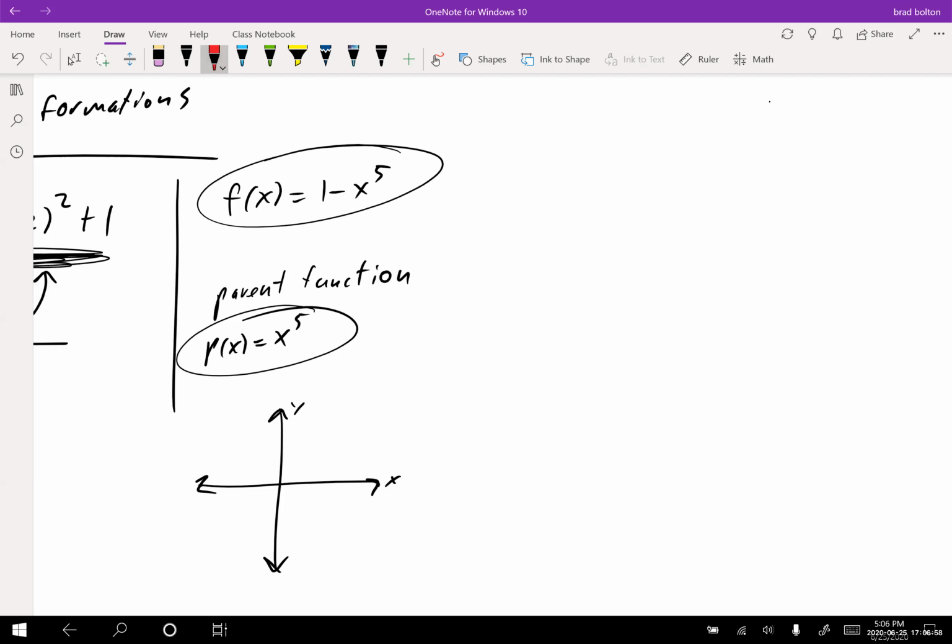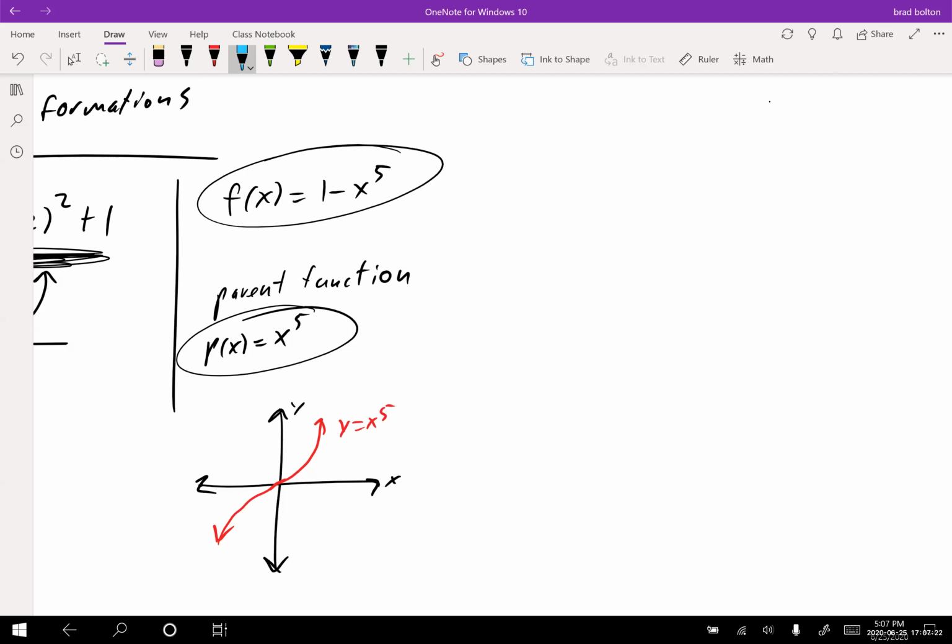And from here, I'm going to graph the basic x to the 5th. Okay, so the basic x to the 5th function, if we put this in our calculator, looks something like a cubic. It's just a little bit steeper, okay? I didn't draw it perfect, but that's basically what it would look like, okay? So that would be y equals x to the 5th.